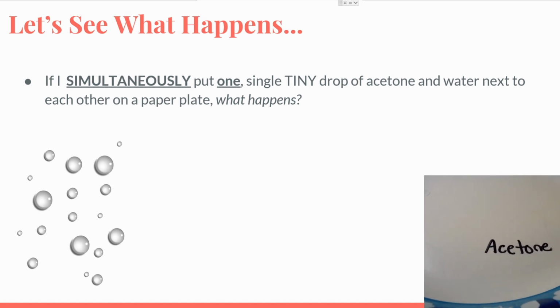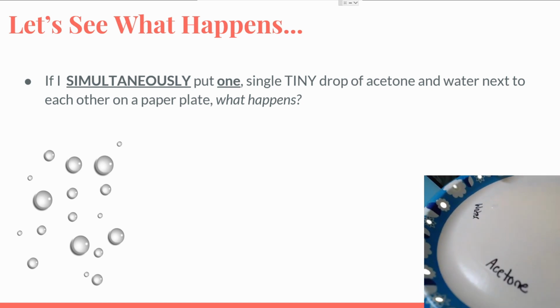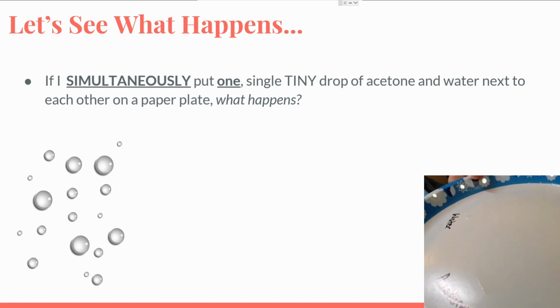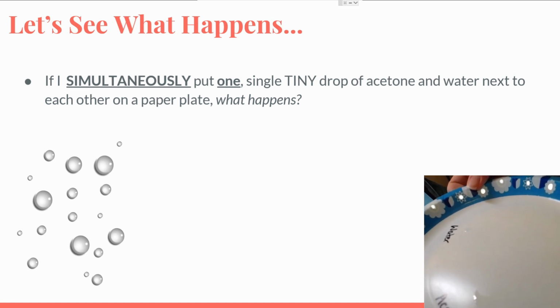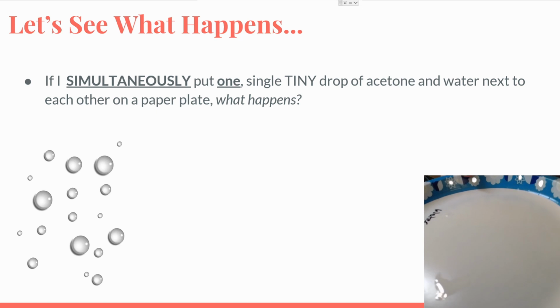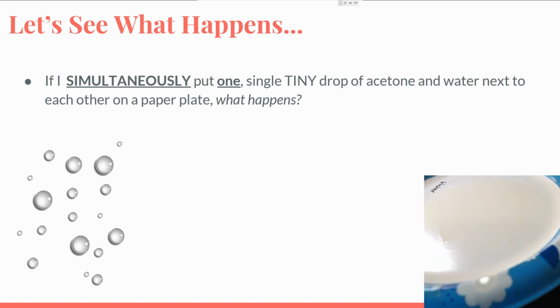Looks like it's still there. So if we observe these drops, the drop of water and the drop of acetone, over time, we should see something happening. So let's speed this up and see what happens.